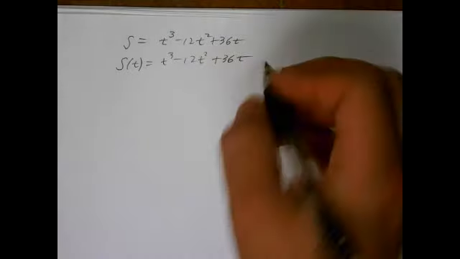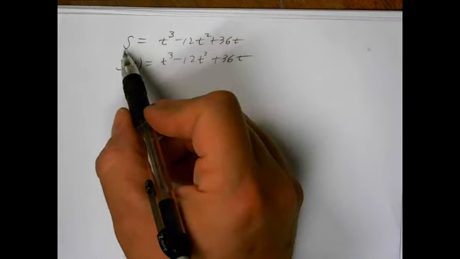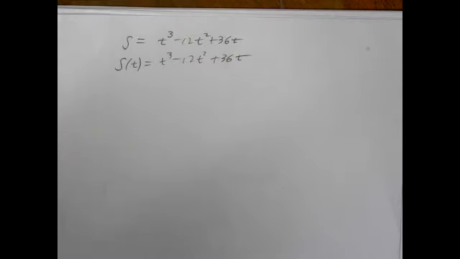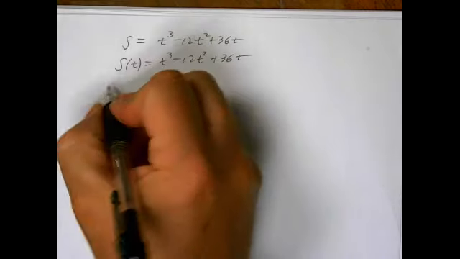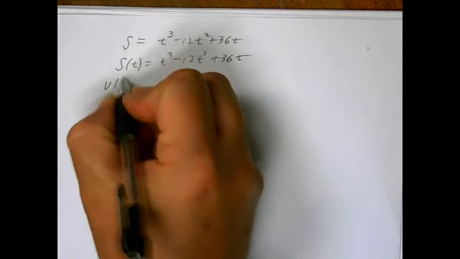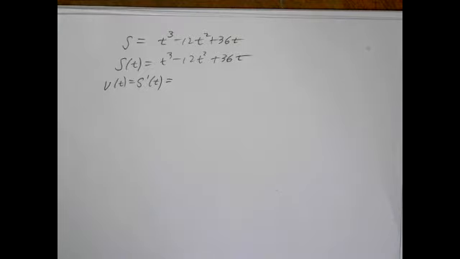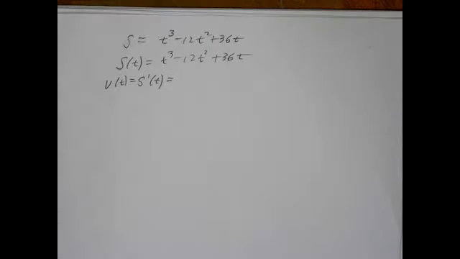Well, remember that if s is a position function, then the rate of change of position is velocity. In other words, velocity at time t is s prime of t, which is something we no longer have to find using a definition.